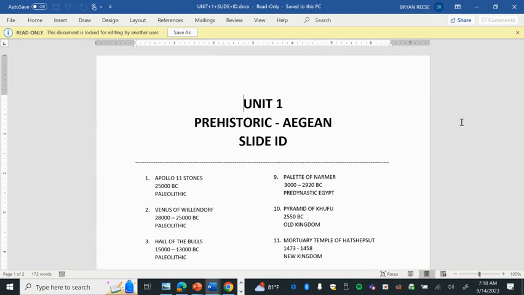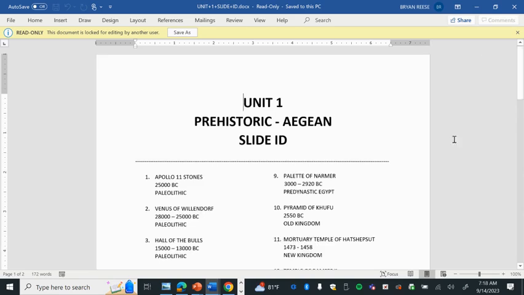Slide ID is a standard of art history tests all over the world. In a slide ID test, I'm going to show you pictures of artwork that we have discussed in class. You will have a piece of paper, and I want you to tell me the title of the artwork, the date of the artwork, and the era of the artwork.